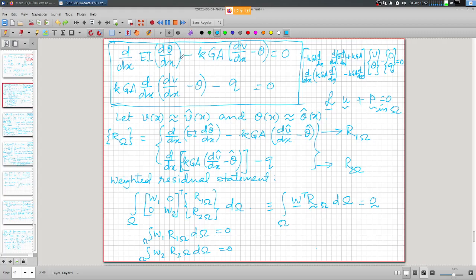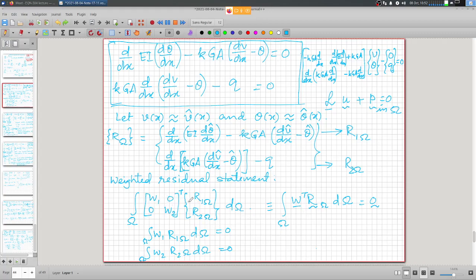So these are the residual statements of weighted residual. This is the domain residual 1, this is domain residual 2, and we express this weighted residual statement as a matrix of weighting functions multiplied by inner product between this matrix of weighting functions and the domain residuals, and evaluate it. Right? So this is in the matrix form. Of course, we can take them row by row.